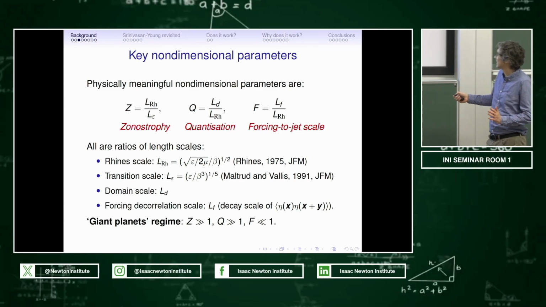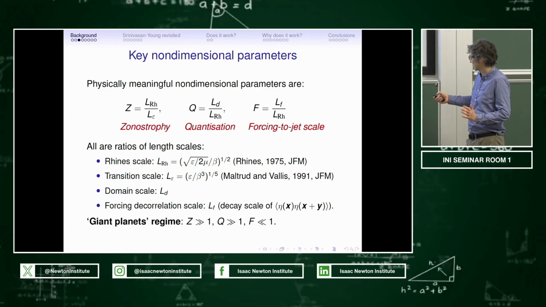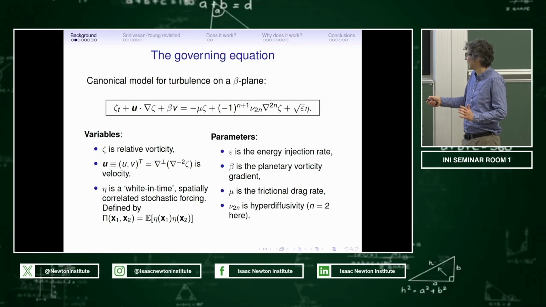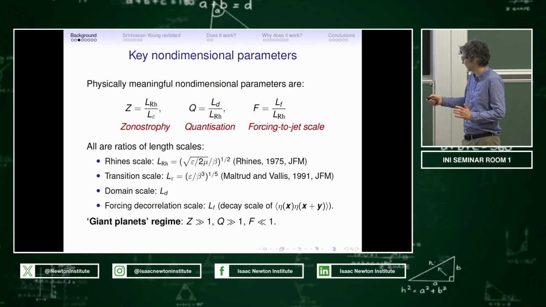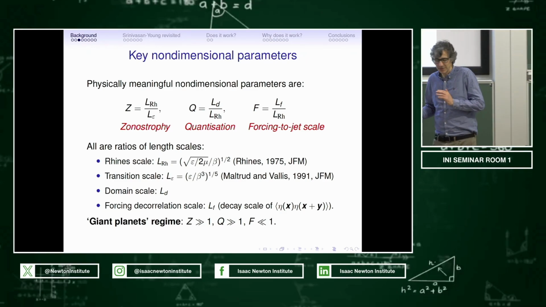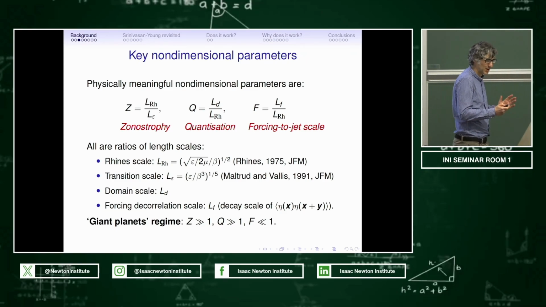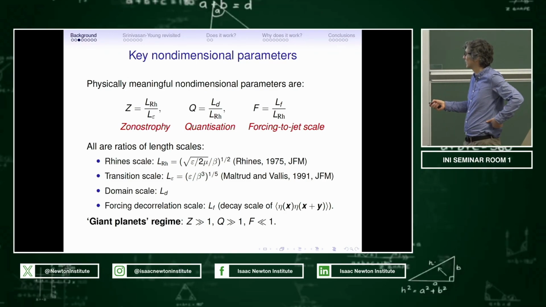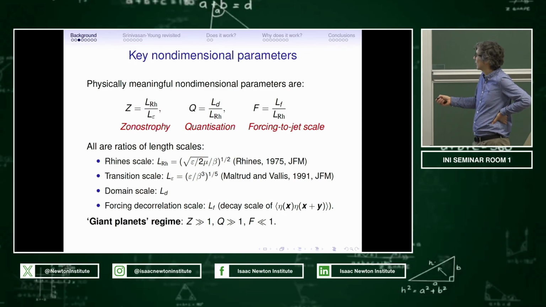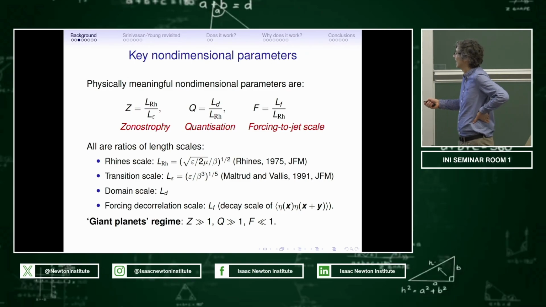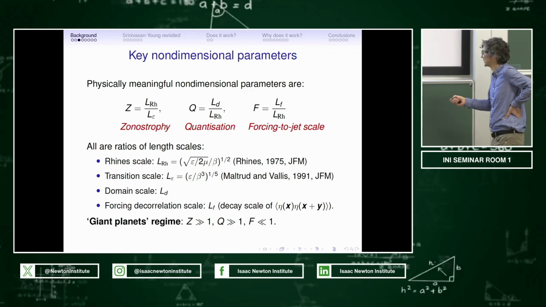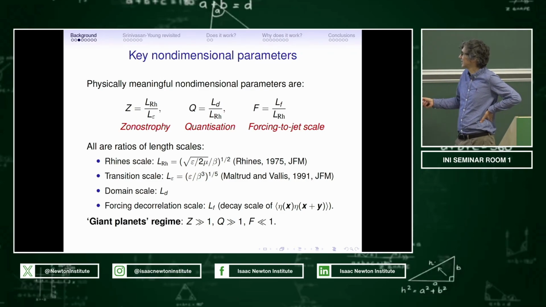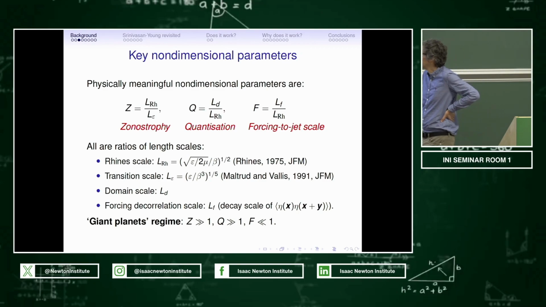There's also a forcing scale, which is the decay scale of the correlation function of our white in time forcing. You can find a regime in which the outcome resembles jets on the giant planets in a particular limit for these parameters. So Q is like a quantization number, up to an arbitrary multiplicative constant, and the number of jets will scale linearly with Q. So if you have Q large, you can have lots of jets.